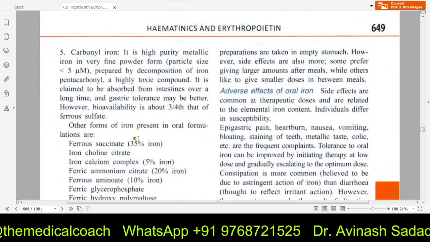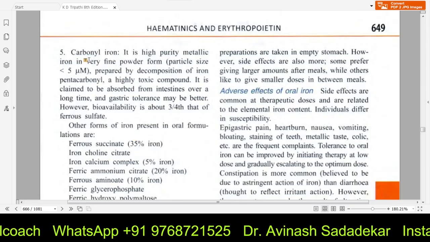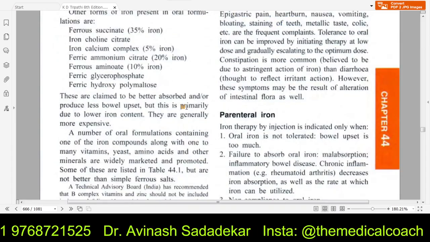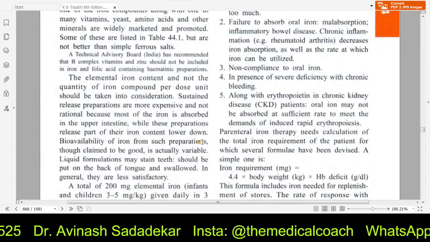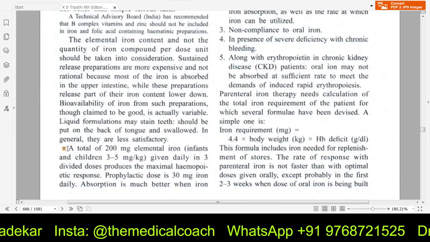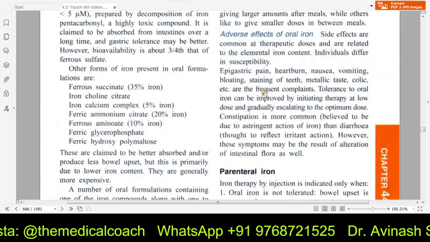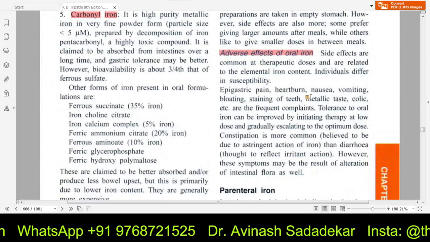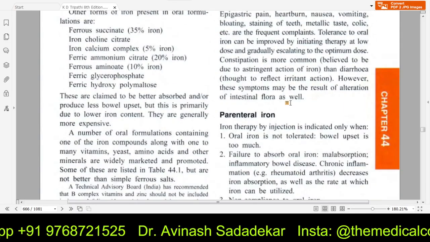But for the sake of MCQs, have a look at carbonyl iron. Okay, this is only from your exam perspective. We have also spoken about all the side effects that happen. How much should it be given? So basically we have touched all bases here. Okay, so please remember adverse effects of oral iron.